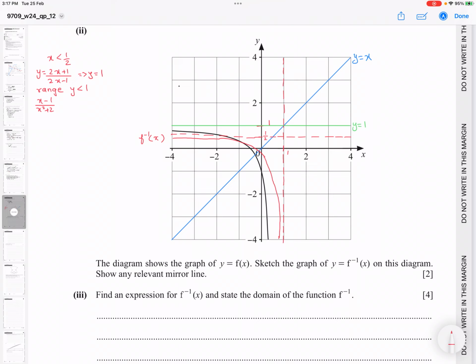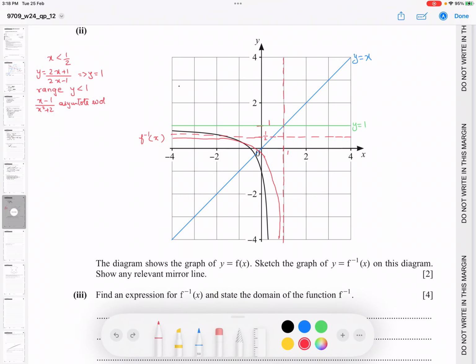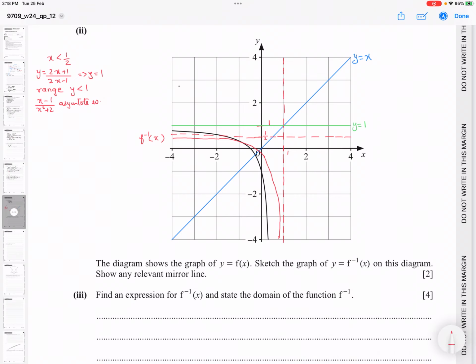So our asymptote would be always the x-axis whose equation is y is equal to 0.